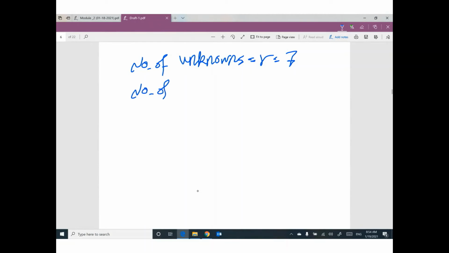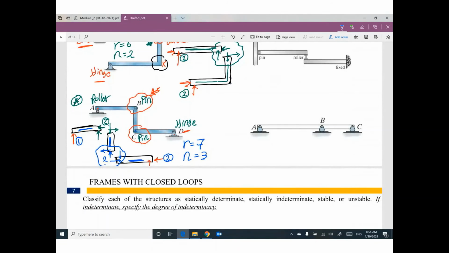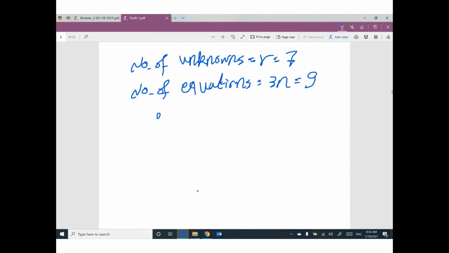Number of equations, which is 3n equals 9, 3 times 3. So finally, number of equations is greater than number of unknowns. If you go back, I believe your structure will be unstable.